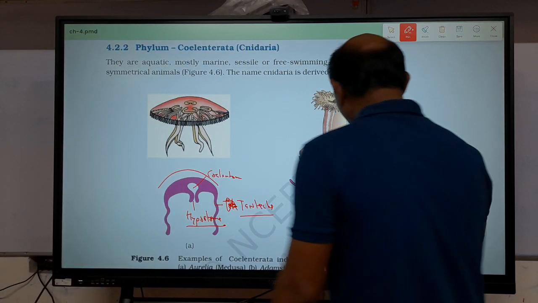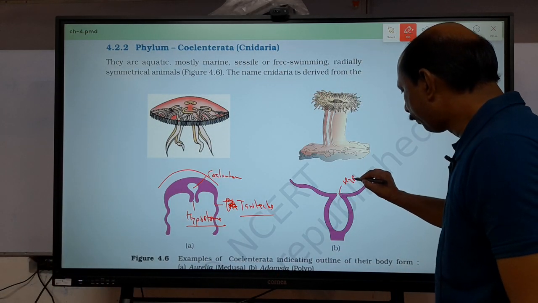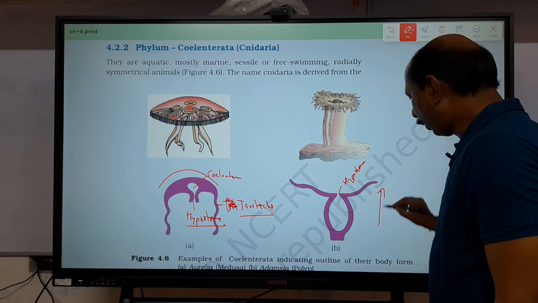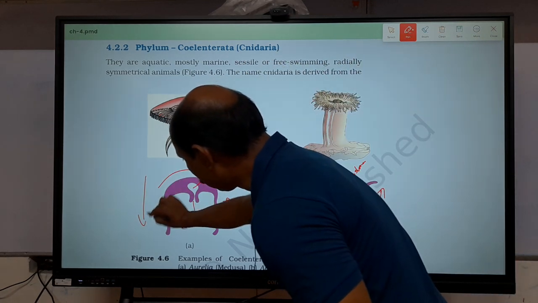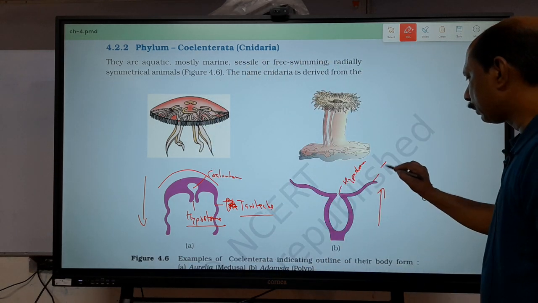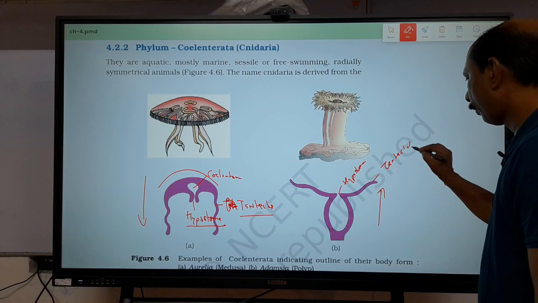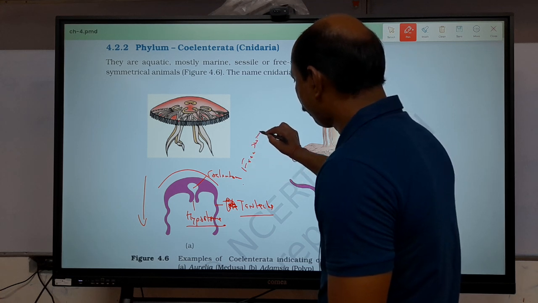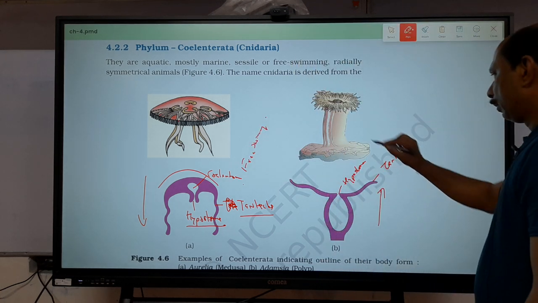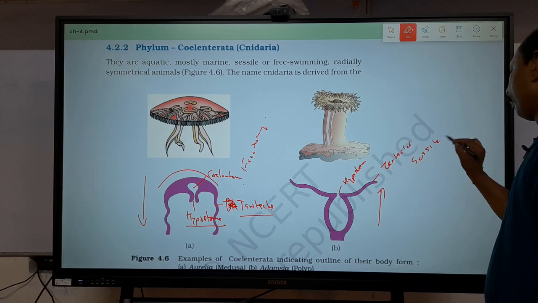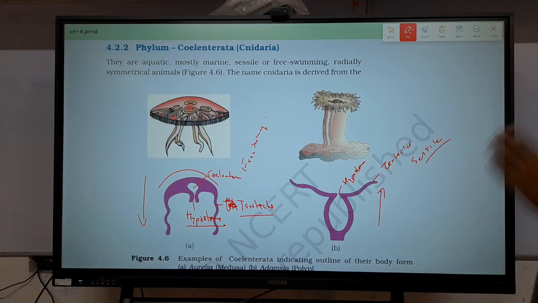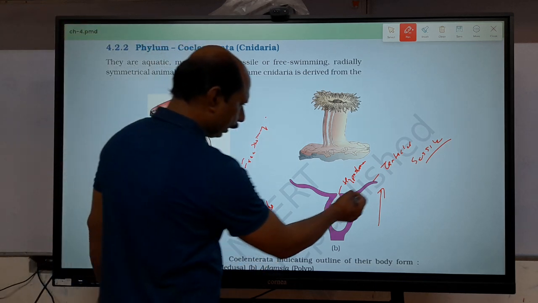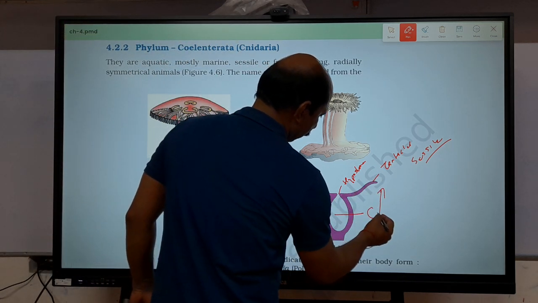Here the hypostome is on the upward side, in this case the downward side. These are tentacles, right? This one is free swimming and this one is sessile, right? Here, look, these are tentacles, this one is the coelenteron cavity.